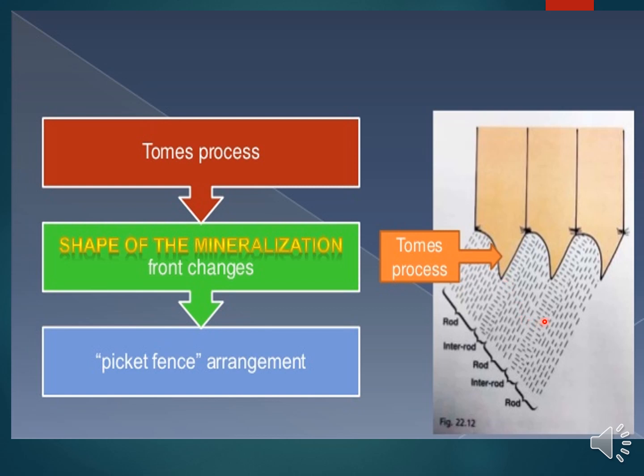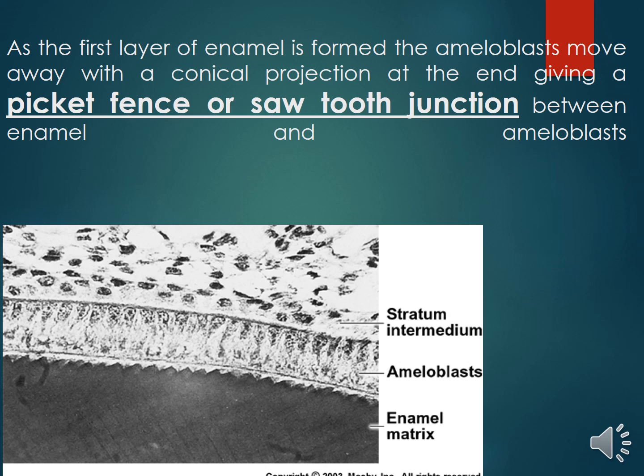This is the mineralization on the forming front of the enamel. So this is how we typically see a picket fence or a sawtooth appearance, like the saw used to cut trees. The sawtooth pattern can be seen in the electron microscope. As the enamel matrix is laid down, they retreat towards the stellate reticulum or stratum intermedium area.